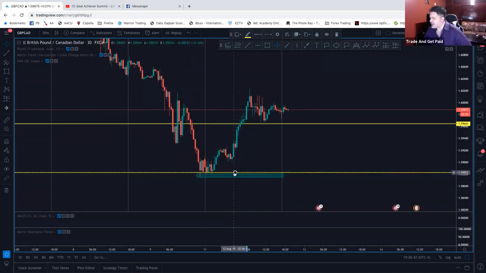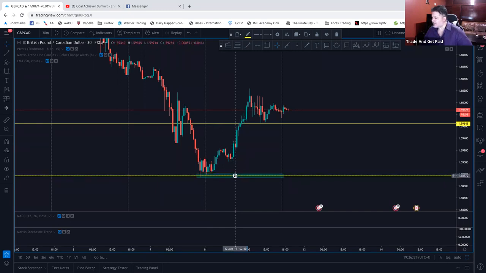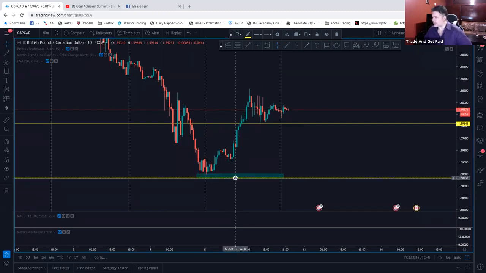So by putting it on the body, once it breaks through the line, I can see, okay, it is breaking through. If I put it over here, I can see it's entering the zone, but I can't really notice that it's breaking through. This is just my preference. You can do it whichever way you want to. You could put the line down here at the bottom if you want.